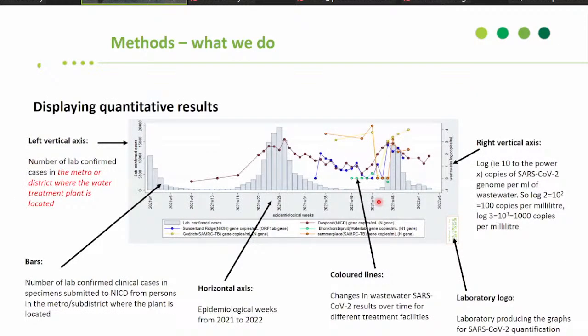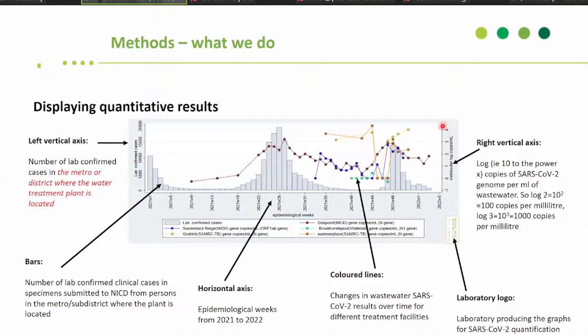How do we display the results? After we do all this, this graph is showing a similar graph to what Dr. Sam was showing as well. I'm just going to explain the details here. So in the x-axis, we have the epidemiological week, so it's time. On the y-axis to the left, we have the clinical cases, the number of clinically confirmed cases. And on the right side of the y-axis, we have the copies per mL in logs.